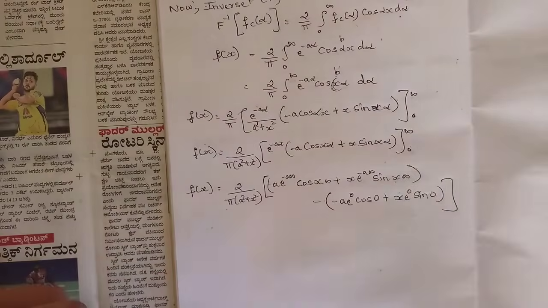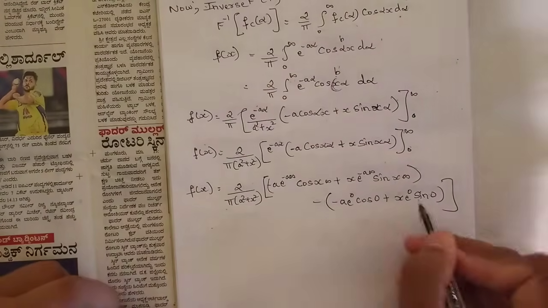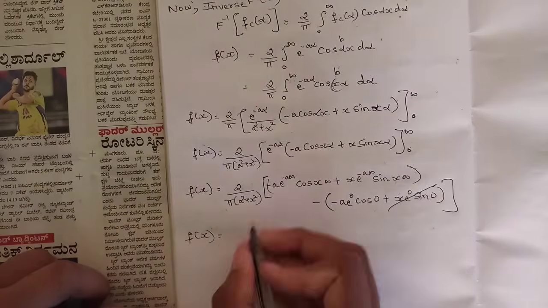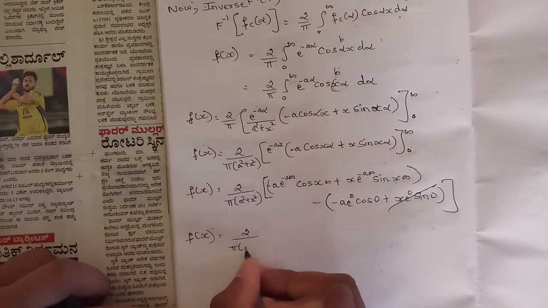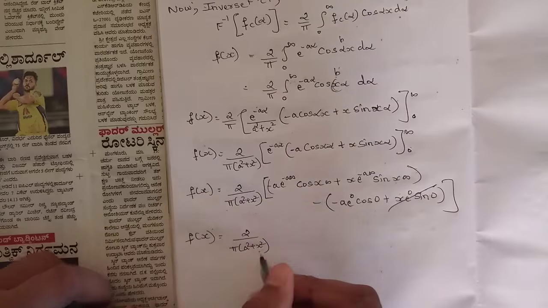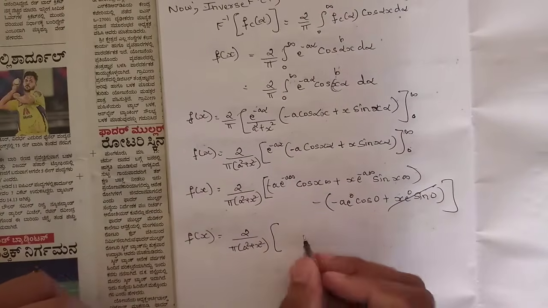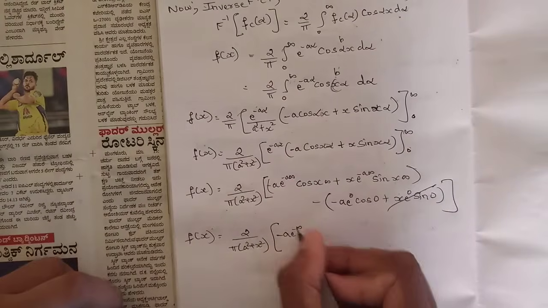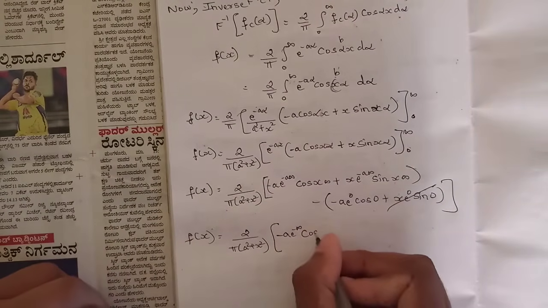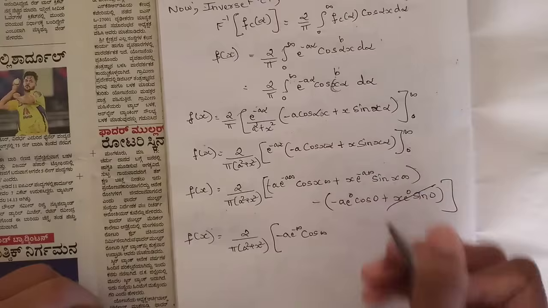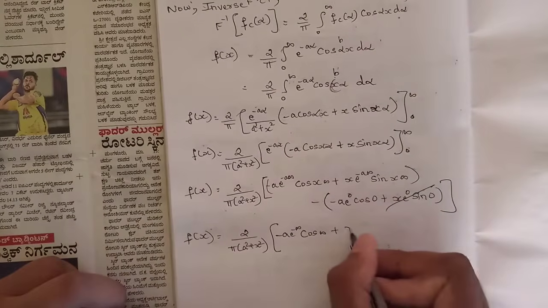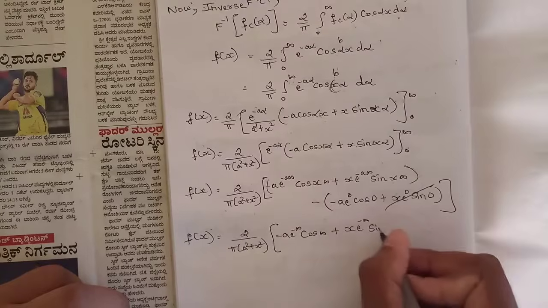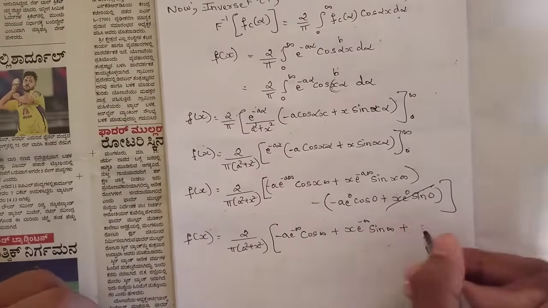So we can cancel some of the terms, since sin 0 is equal to 0. The remaining terms are 2 by pi a square plus x square into minus a e to the power minus infinity cos infinity, plus x e power minus infinity sin infinity, plus a.